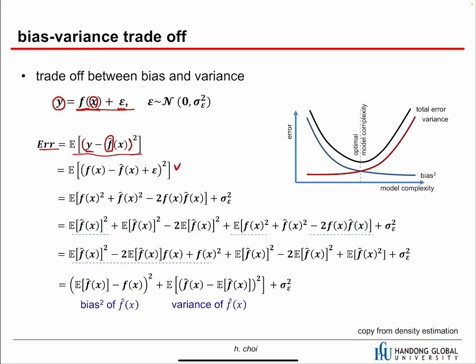And then we can rearrange this quadratic equation. Okay. We just extracted all the terms from this square. Okay. And we can use this term. Okay. The expectation of epsilon is 0 because the noise has a 0 mean.